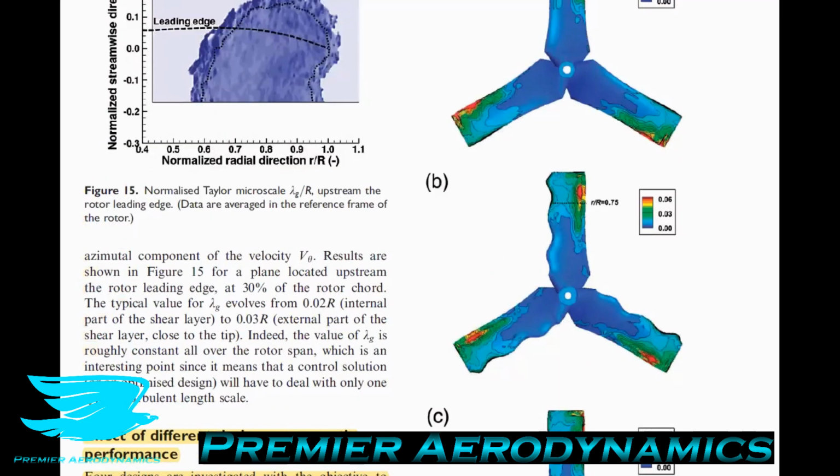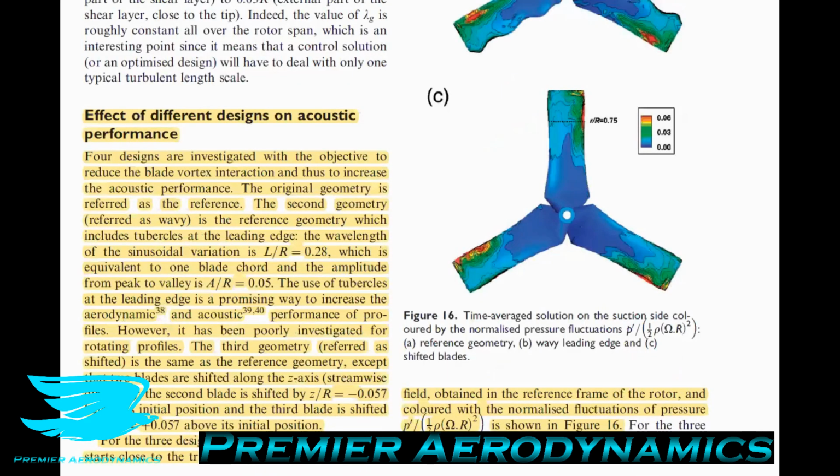But from what I can tell just from this figure, the wavelength of a tubercle is about 30% of the span. They say that the amplitude is 0.05, so I'm guessing again 0.05 of the span. So they're fairly large, and fairly large tubercles typically create a softer and more gentle stall pattern.